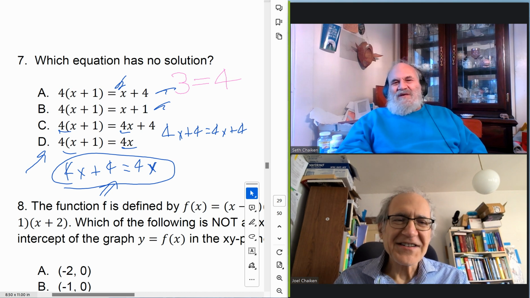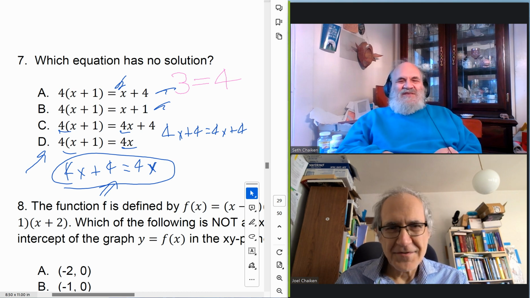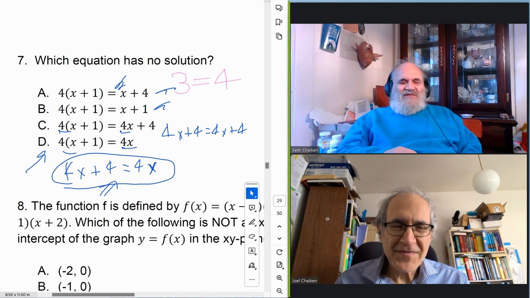Okay, but there's a lot in the main idea. So the main idea in one sentence is that linear equations with one variable can have no solution, one solution, or many solutions.